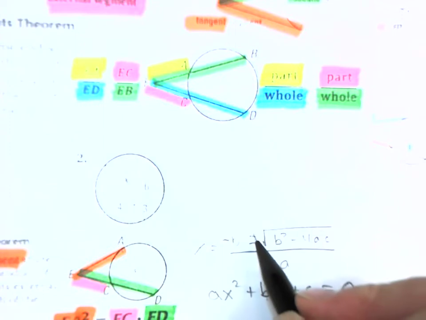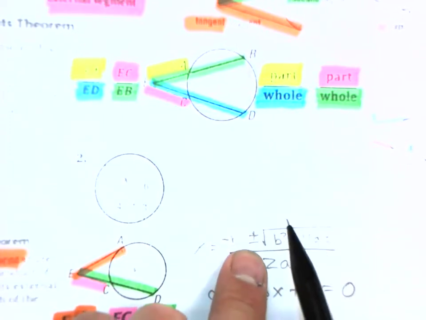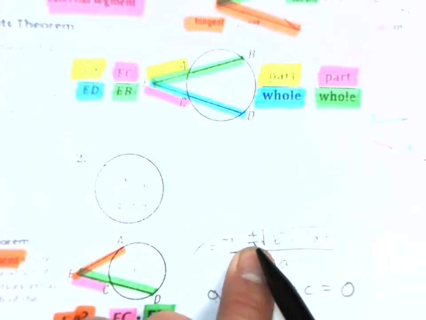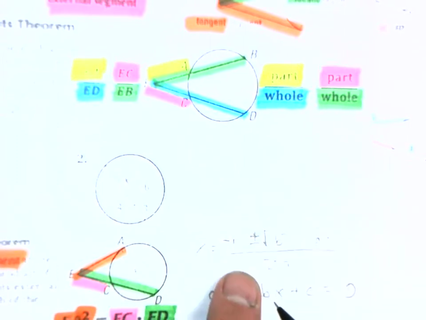And the coefficient for the x term is b, and plug that into the formula, and so forth. And remember, this plus or minus means there are two different scenarios: one when you do it as a plus, and then a separate time where you do it as a negative. So let me show you the example here that they do.